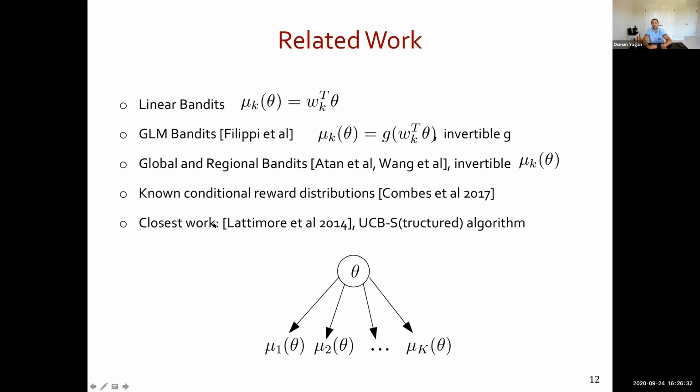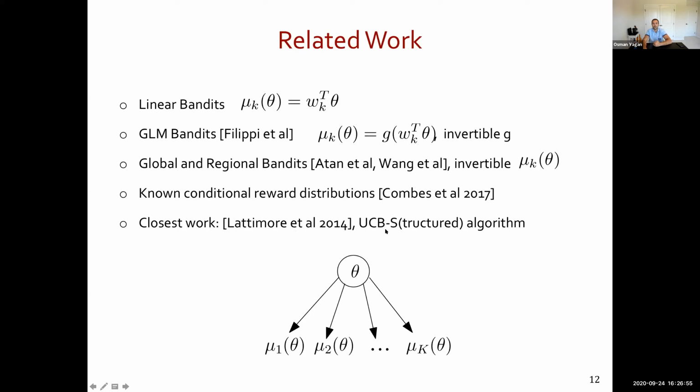So once you get rid of the invertibility assumption or linearity assumption of these mappings and the assumption that conditional reward distributions are known, there are not that many works left in the literature in the structured setting. The closest one that fits into those cases is by Lattimore et al. in 2014. And they basically came up with an algorithm that extends the UCB algorithm to the structured setting.